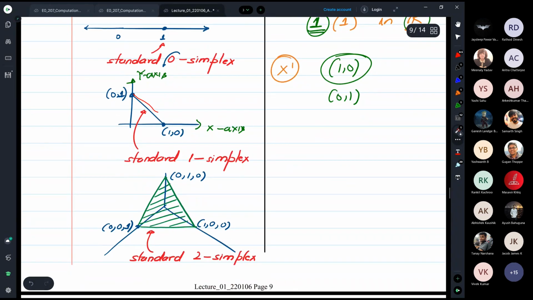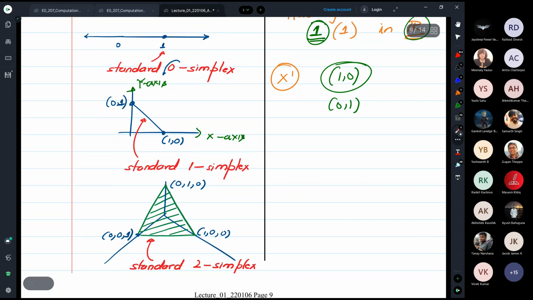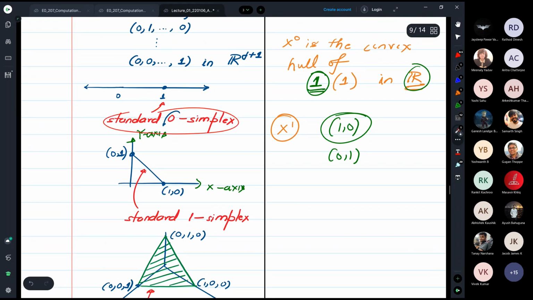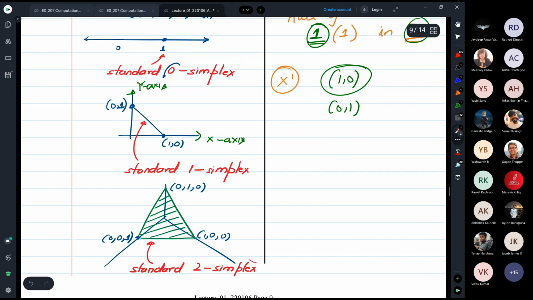So if I ask you what is the standard 2-simplex, well, the answer is that you look at the vertices 1 0 0, 0 1 0 and 0 0 1 and look at the convex hull. Well, the convex hull will be the triangle that connects these three vertices over here. Okay, so I hope it's clear what X0 is, what X1 is, and what X2 is.